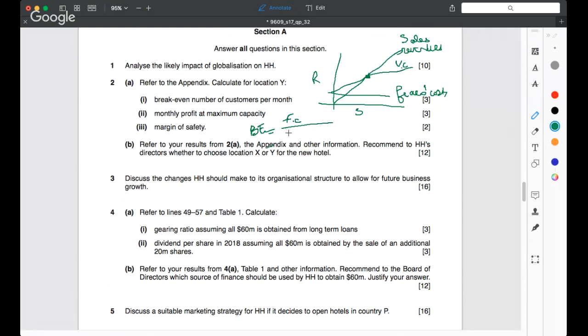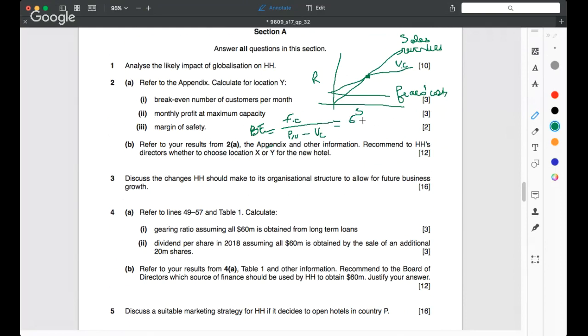Contribution is price per unit minus variable cost per unit. Okay, so in here we have a fixed cost of 69,000.